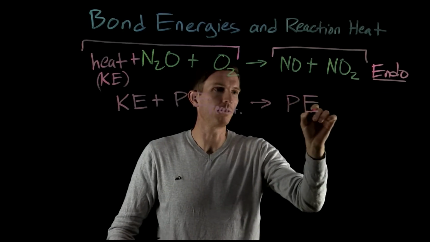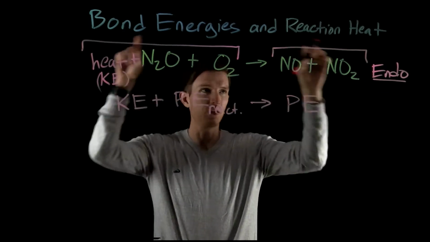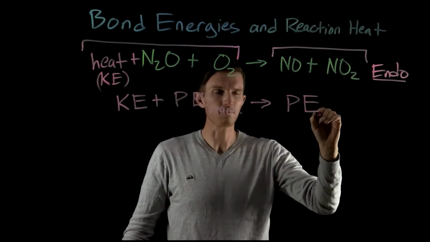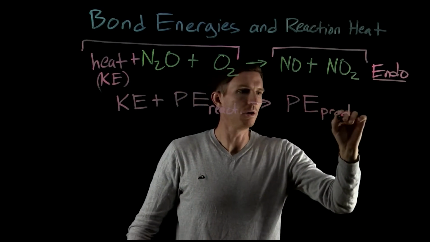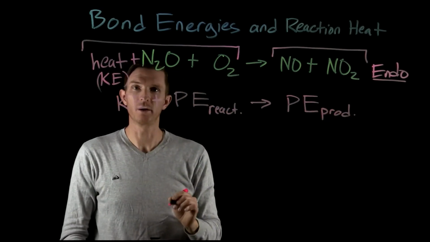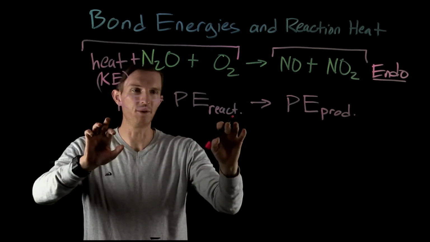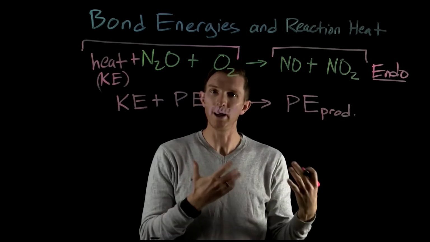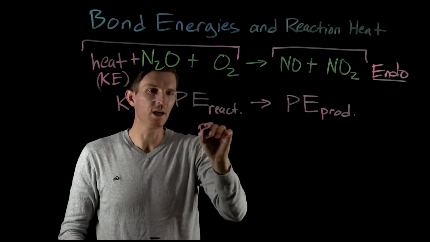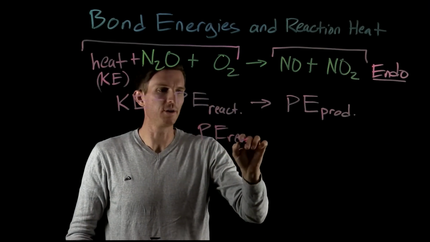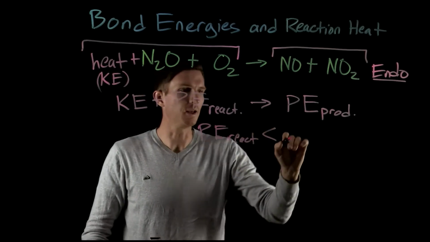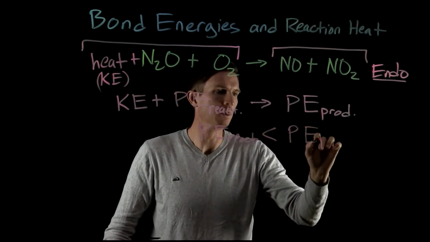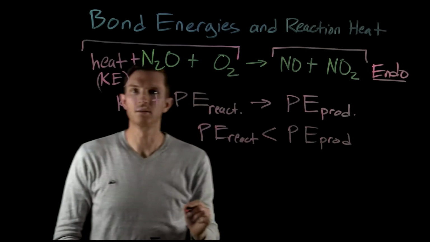And so now the total energy expressed simply in our reaction here is included in the potential energy of our products. Now the sum of these two must equal the sum of our potential energy. So what does that tell us? Well, now we know that the potential energy of our reactants is less than the potential energy of our products.